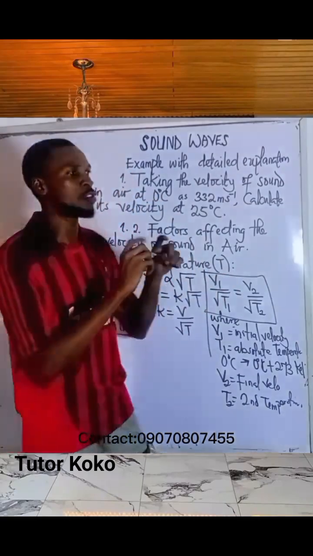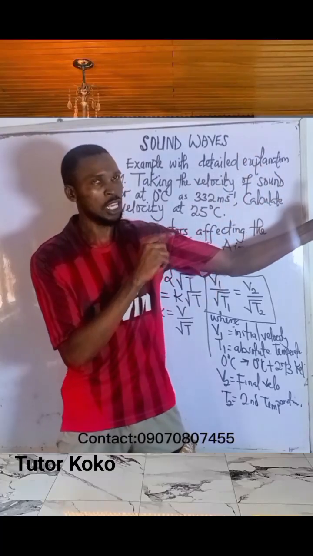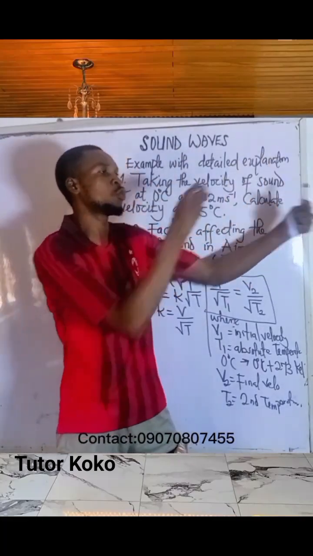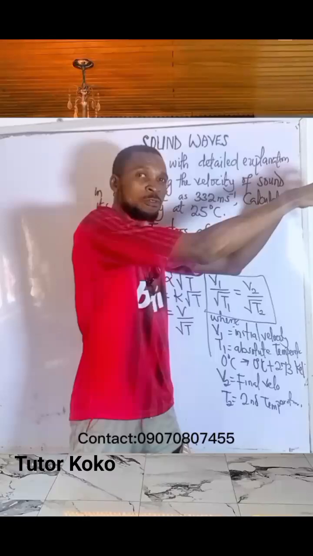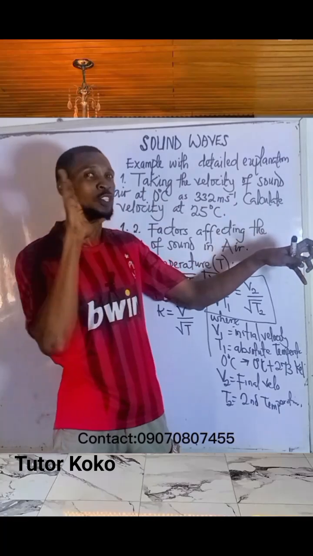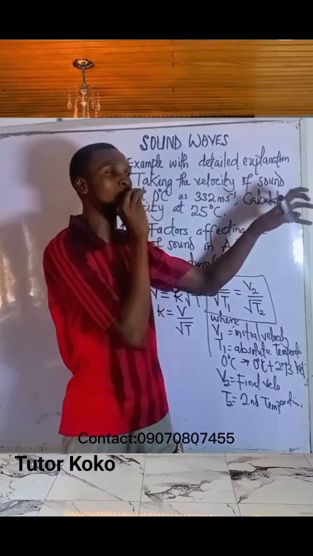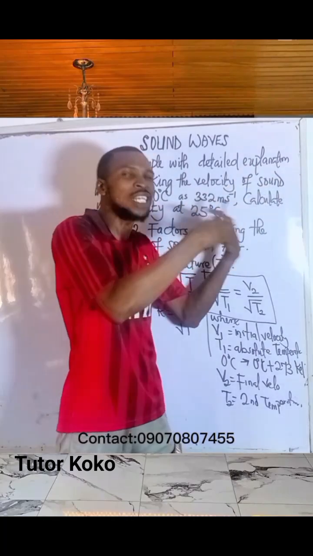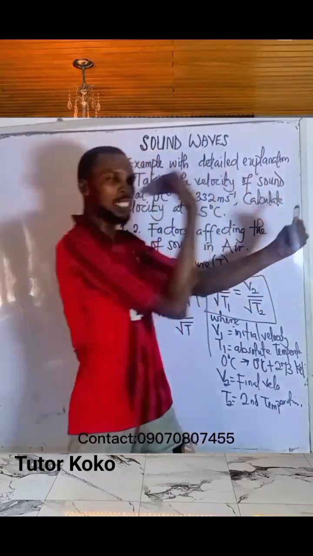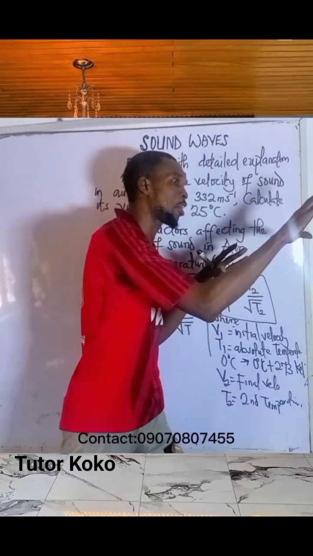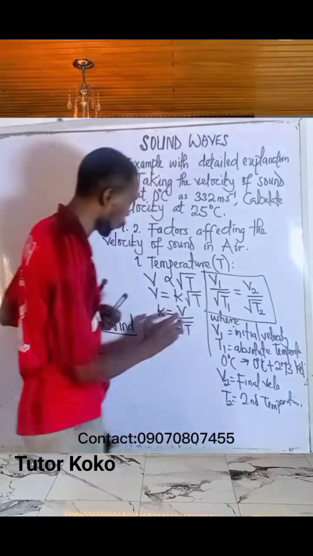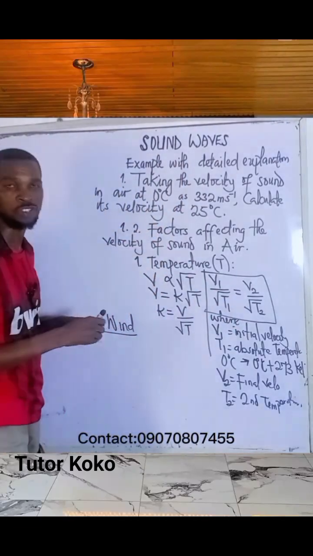For example, if I am calling somebody in my front and the wind is blowing in the direction where I am shouting the name of my friend, because the direction of the wind is in the same direction of the sound I am making, it is going to increase the velocity of my sound. But if the wind is blowing in this direction and I am making sound in this direction, it is going to reduce the velocity of sound. That's how wind affects velocity of sound in air.